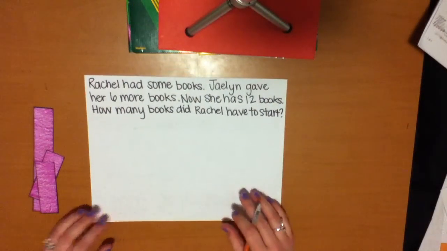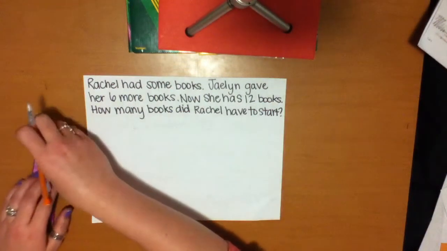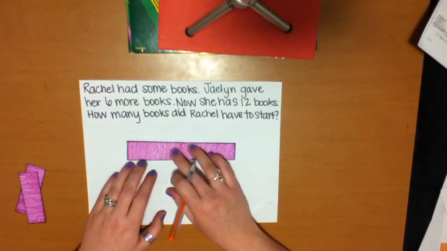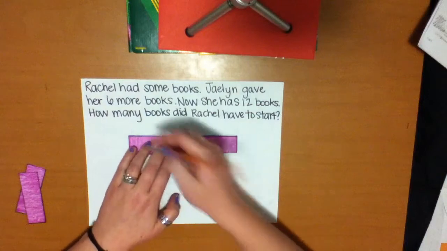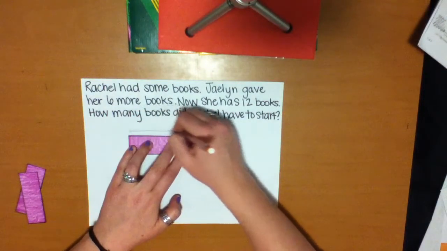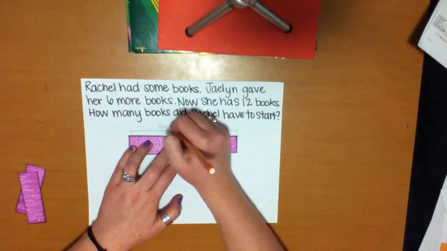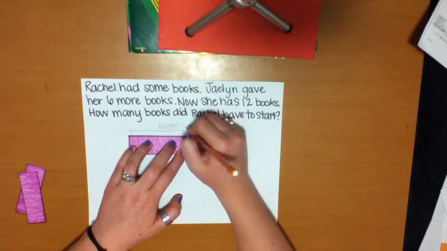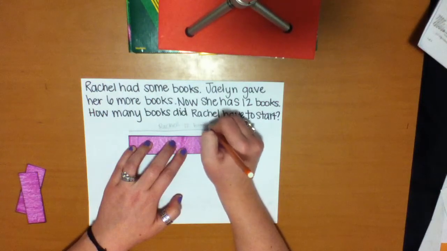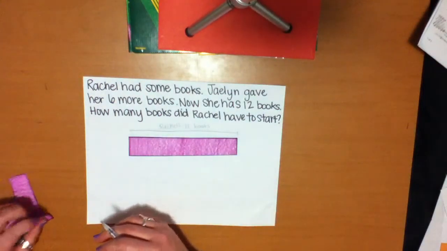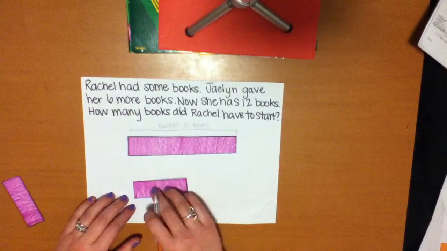Since we know what our result is, let's start with that piece first. This long piece represents the 12 books Rachel has now. I'm going to label this Rachel's 12 books. This smaller piece represents the amount of books that Jalen gave her.